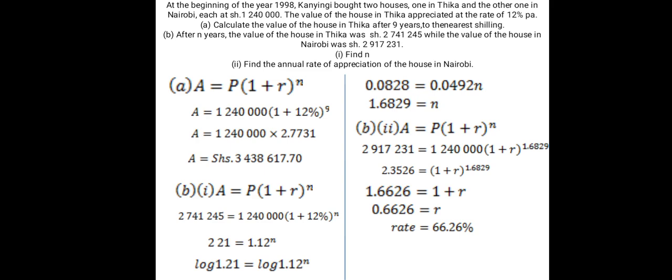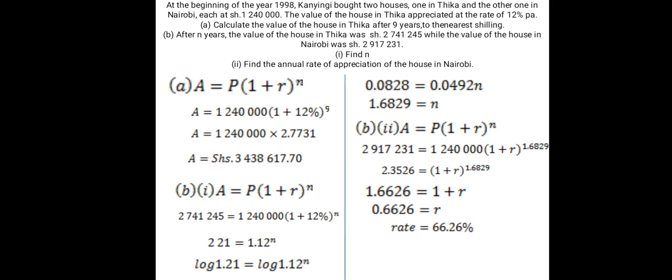B. After n years, the value of the house in Thika was 2.7 million shillings, while the value of the house in Nairobi was 2.9 million shillings. 1. Find n. 2. Find the annual rate of depreciation of the house in Nairobi.